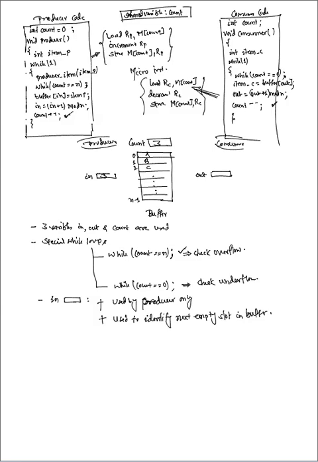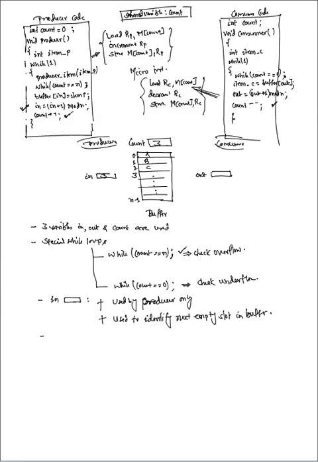If the value of in equals 3, we can put the next produced item at index 3 of the buffer, that is the 4th location. After producing the item, we increase the value by 1, and we take mod n because the buffer indexing is from 0 to n minus 1. That's why we make sure the value of in does not go beyond n minus 1.